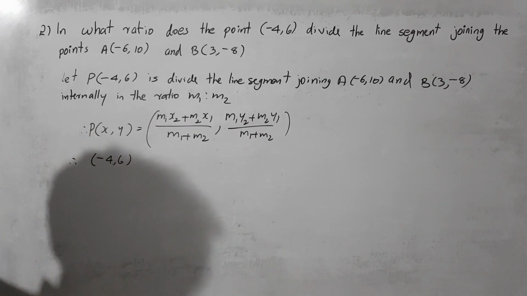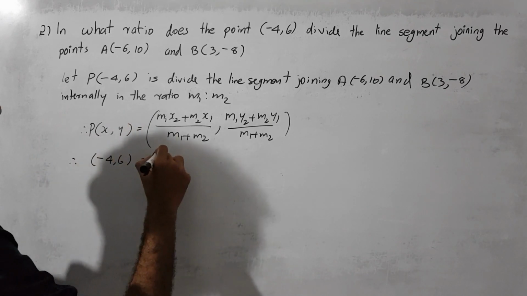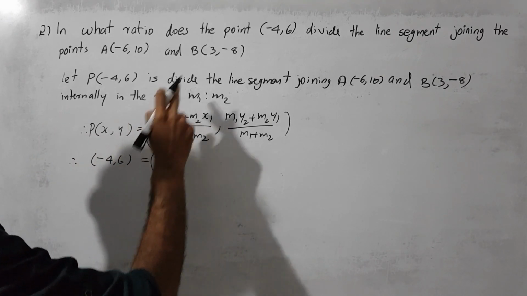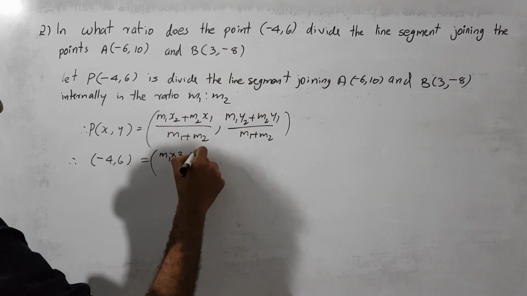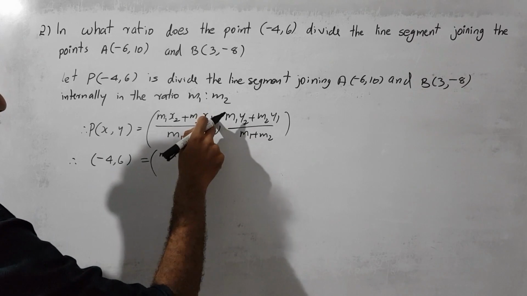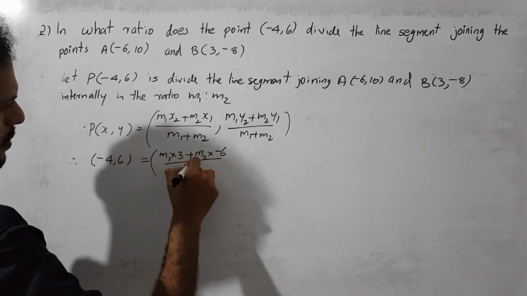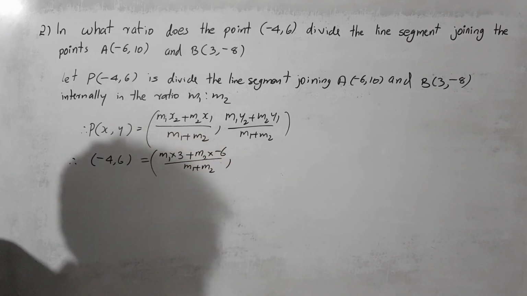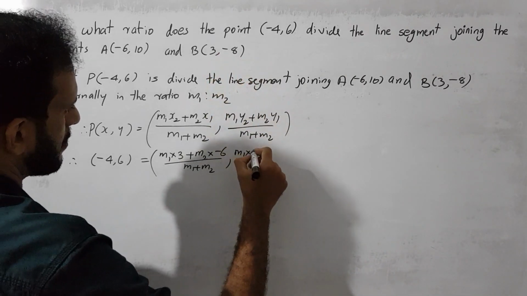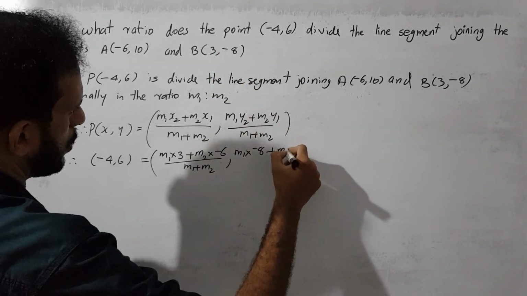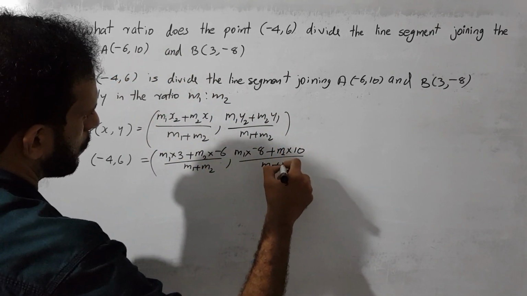Then (-4, 6) is equal to: m1 x2 is 3 (we don't know m1), m2 x1 is -6, all over m1 plus m2; m1 y2 is -8, m2 y1 is 10, all over m1 plus m2.